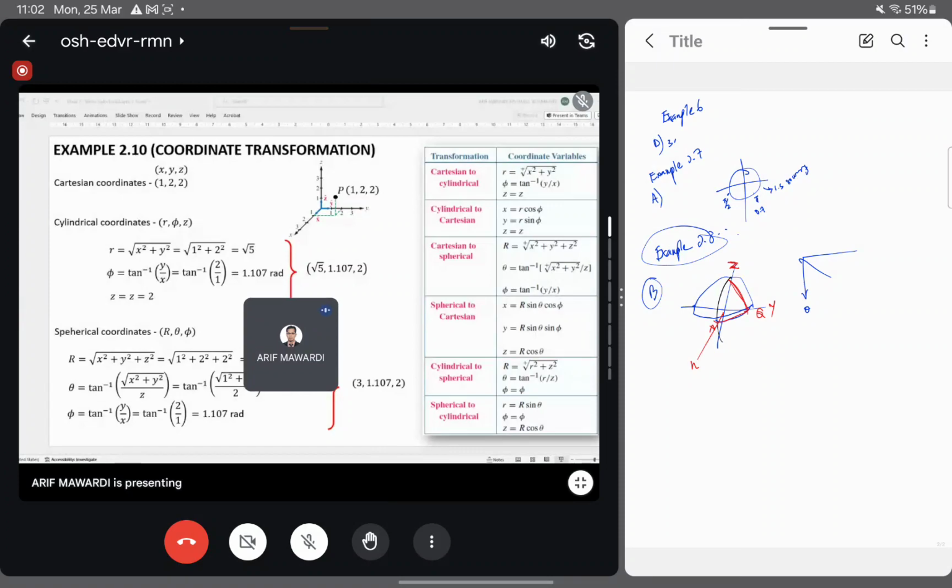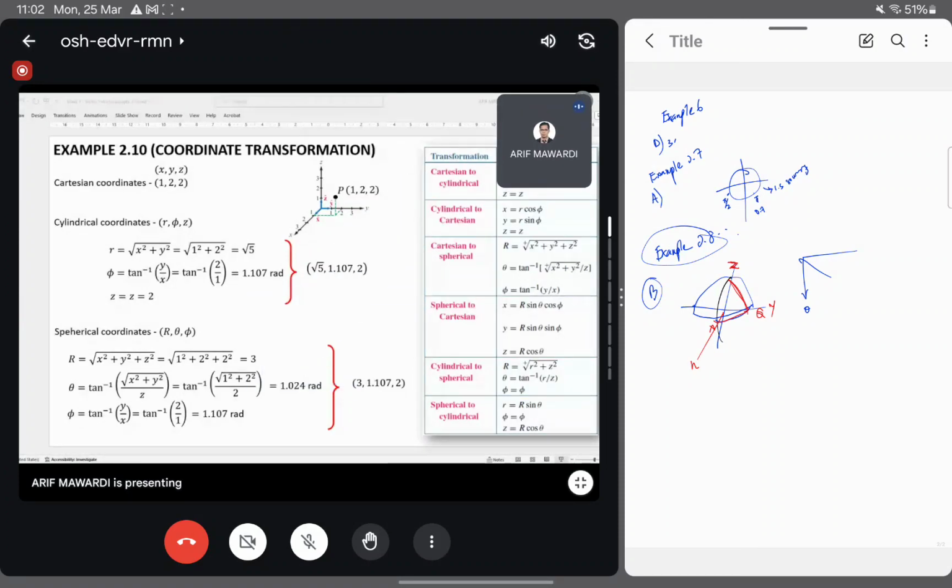This is for the first coordinate variable, this is for the second, and this is for the third. For the first one, x is equal to r cosine phi. The value for r and the value for phi are given here, so I just substitute these two values. So I get the square root of 3.